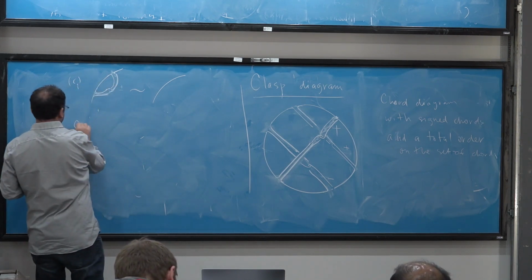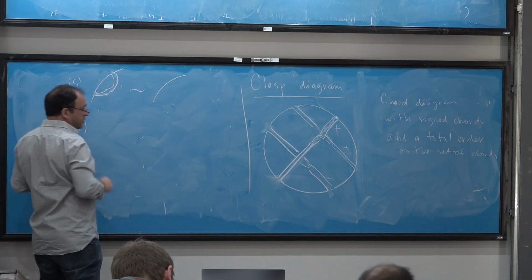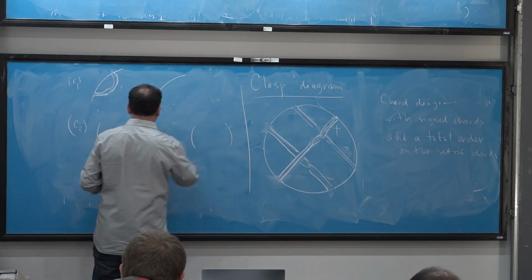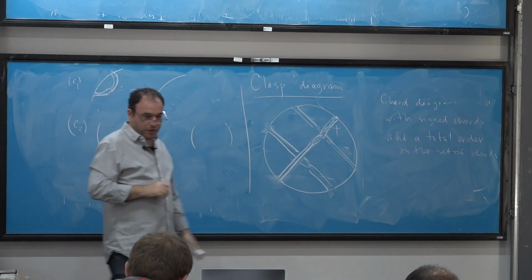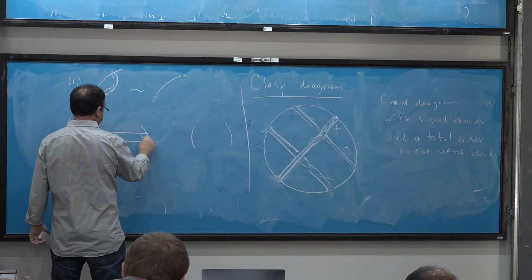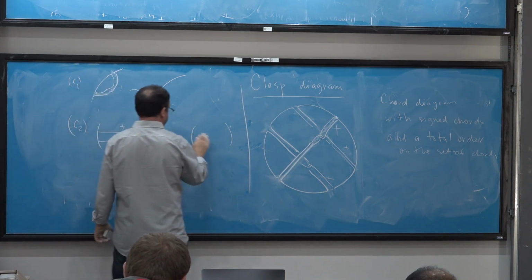The second Reidemeister move is also something predictable. Plus and minus is the same thing as nothing.